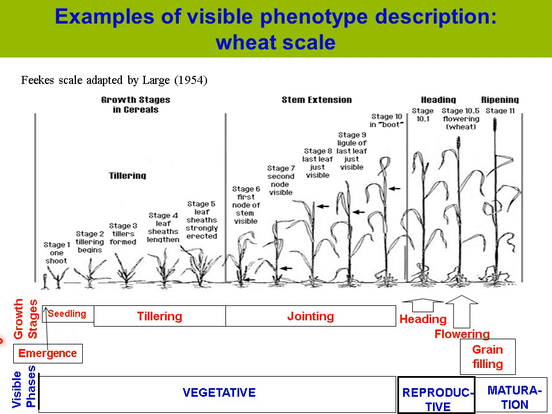Crop emergence is followed by seedling growth. These phases are relatively short and followed by the tillering phase, during which secondary stems are produced from axillary buds located at the base of the main stem. Tillering is usually the longest phase in winter cereals. Stem elongation starts at the moment described as first node visible.